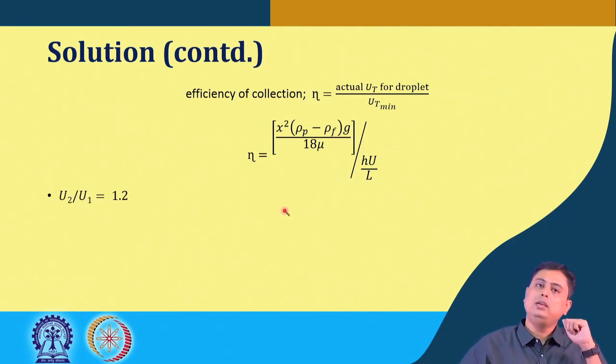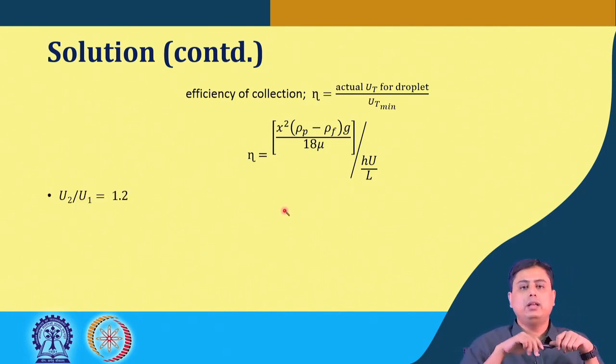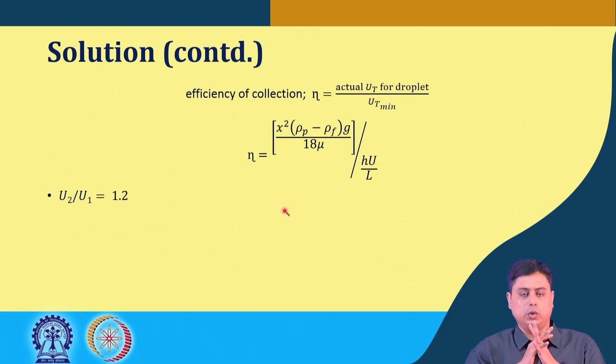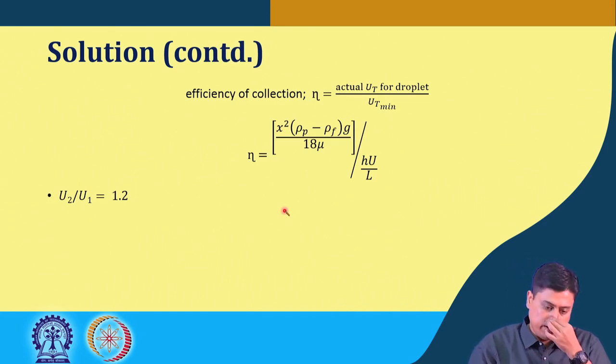Basically U2 by U1 changes by a factor of 1.2, because the inlet cross sections and all the geometry remain the same. Throughput means the mass flow rate. If everything remains the same, fluid density and geometry, it is only the velocity that is increased by 1.2.